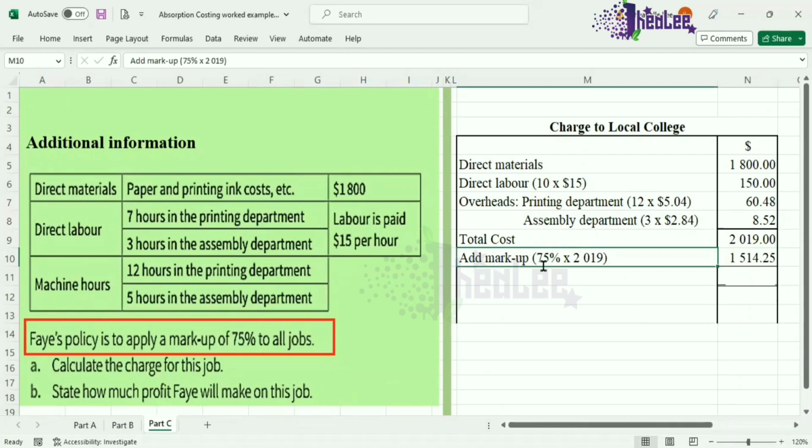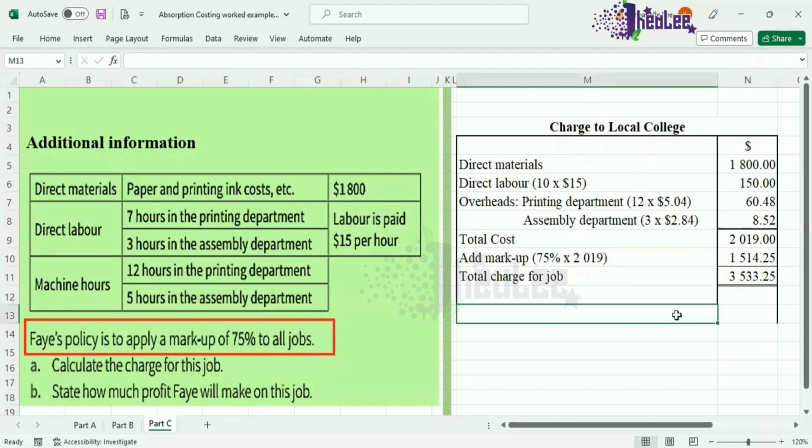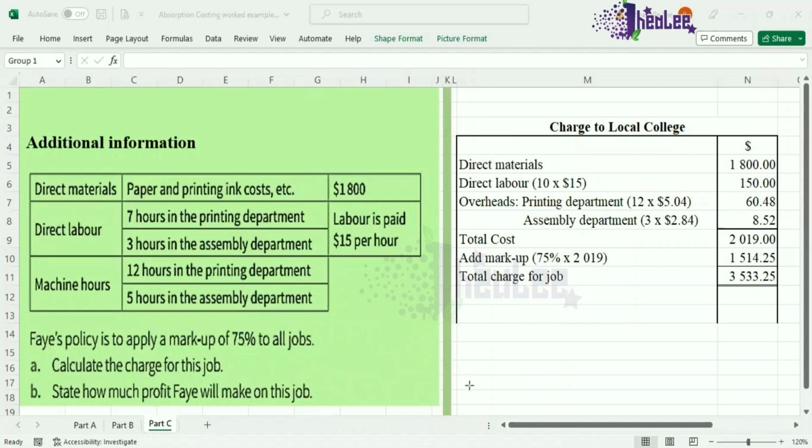And remember, the markup is going to increase the total cost, and it therefore means that we're going to add this $1,514.25 to that value to give us the total charge for the job, and this is $3,533.25. So that is the amount that FAE is going to charge the local college for the job. So we have completed part A.